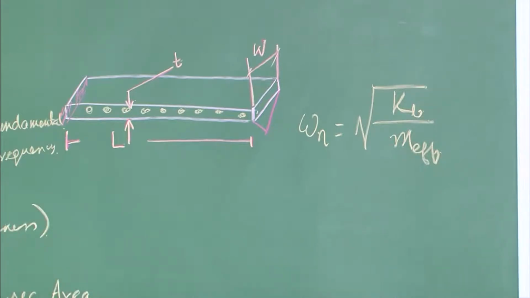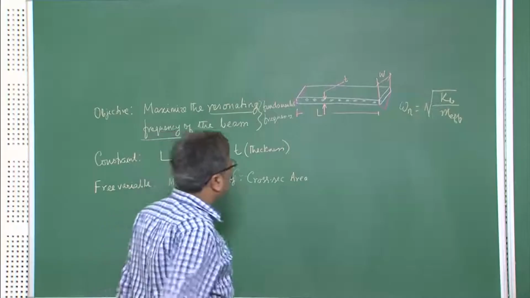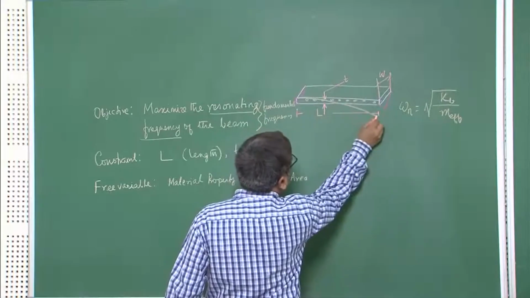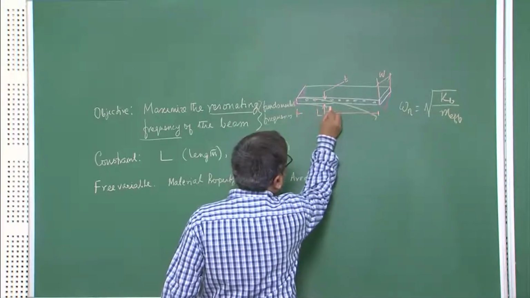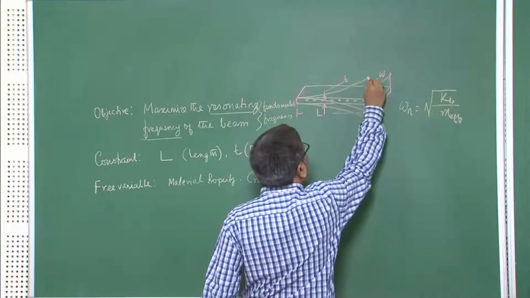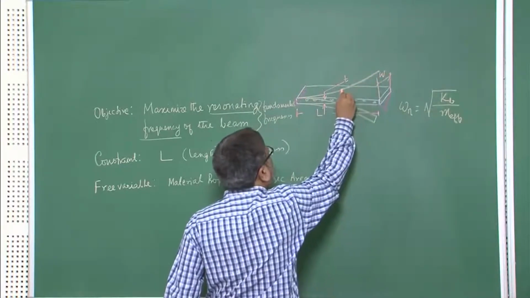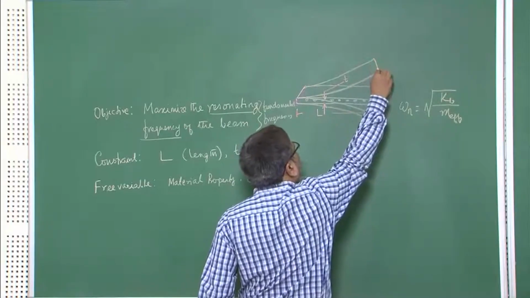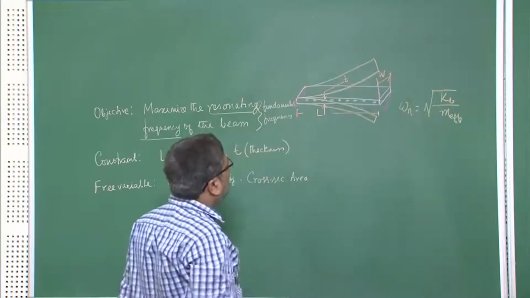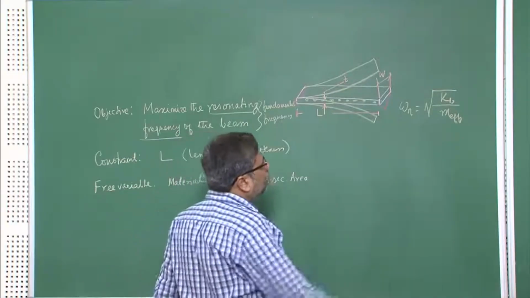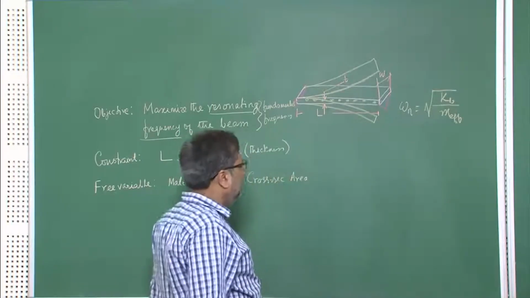Okay. So, corresponding to the first mode shape, which is somewhat like this, if I draw it, that is the first mode shape. If you actually excite such a system, that is the way it is going to vibrate. So, for that system, the natural frequency is square root of kb over m effective.